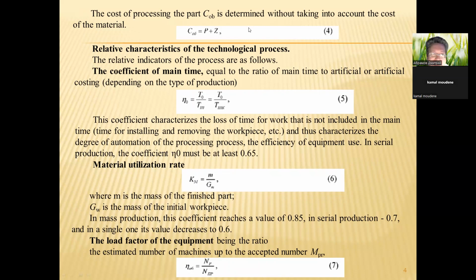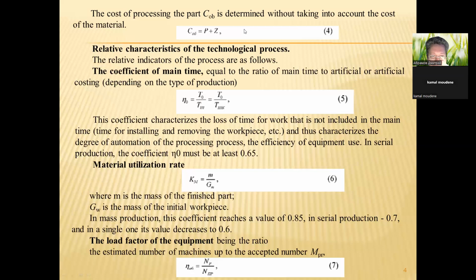Relative characteristics of the technological process. The relative indicators of the process are as follows. The coefficient of mean time is equal to the ratio of mean time to piece-calculation time, depending on the type of production. We use formula 5.